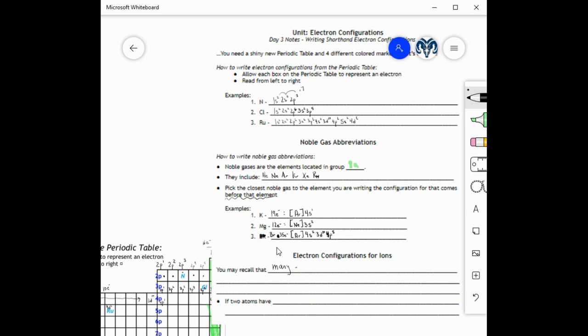Many elements will lose or gain electrons to be like a noble gas.